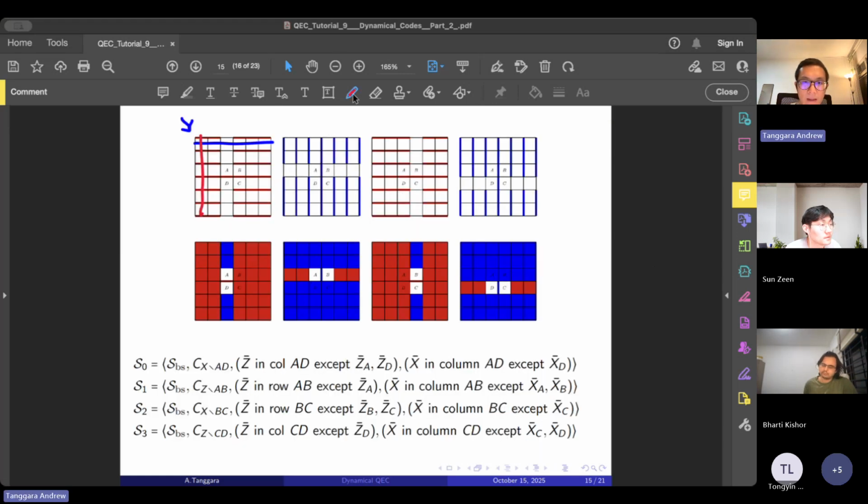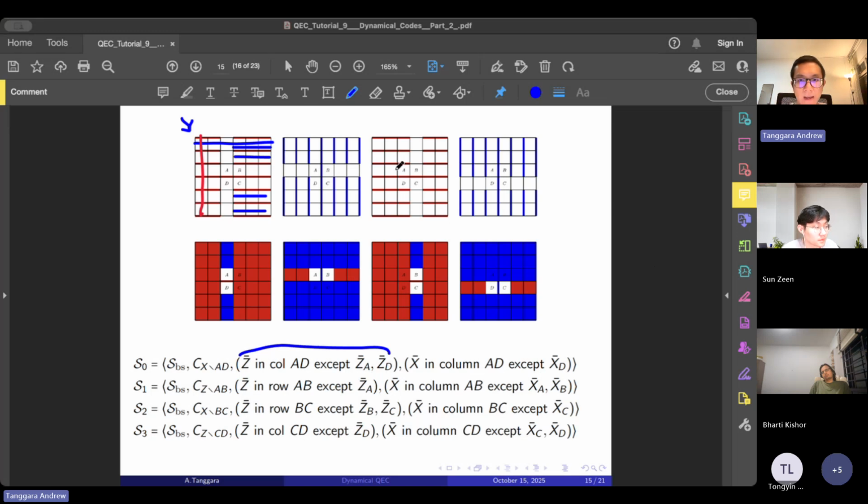So now I'm going to get the logical Z operators in that column AD, except the ones in rows A and D. So I'm going to get this Z stabilizer, and this Z stabilizer. So that's basically what this first bit means.